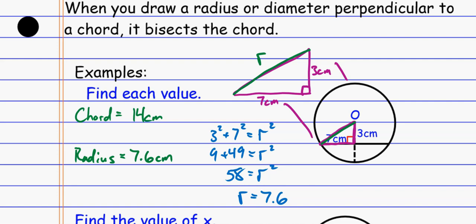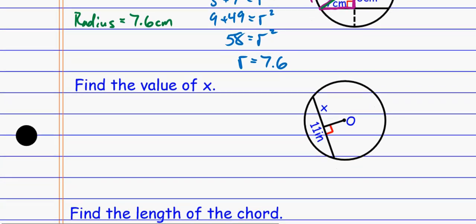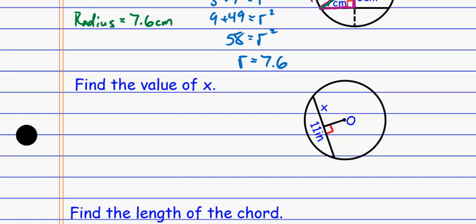And so once again, when I see right angles, I can form right triangles in order to find missing pieces. If I look at the next one, kind of going the opposite way, here I have the entire chord. The entire chord right here is listed as 11 inches, okay? But if I have a radius that's perpendicular to that, it's going to bisect the chord, which means it's going to split it into 2 equal pieces. So I just divide, and I find that one of these sides would have to be 5.5, and the other one would also have to be 5.5.